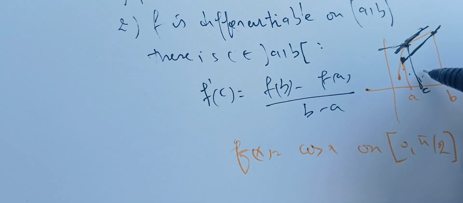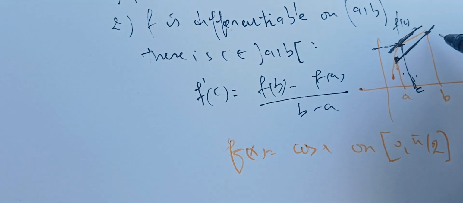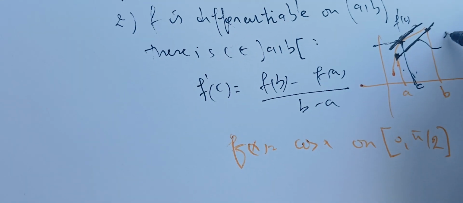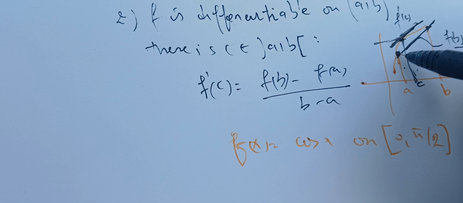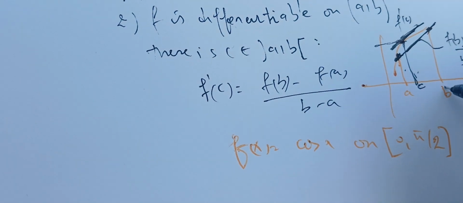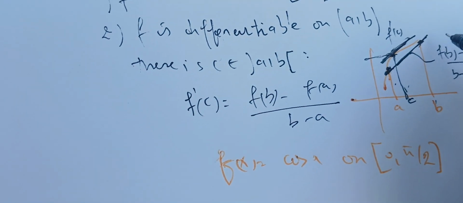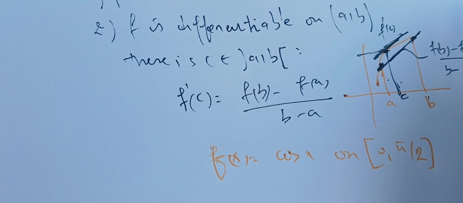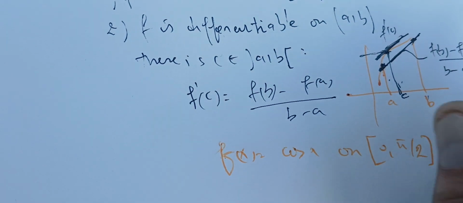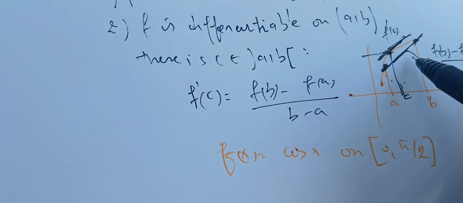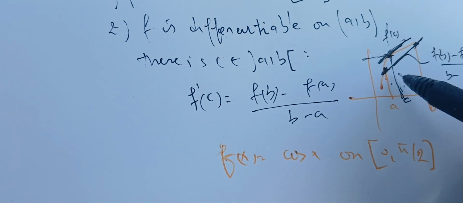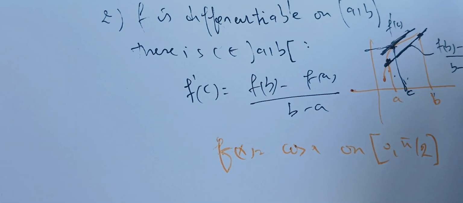So this is c, and this is f prime of c. This is the slope, f of b minus f of a over b minus a, of the line connecting (a, f of a) and (b, f of b). So basically there is a point on the graph which has the same slope as the secant that goes through (a, f of a) and (b, f of b).